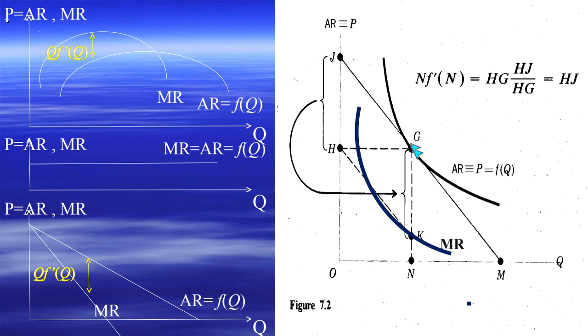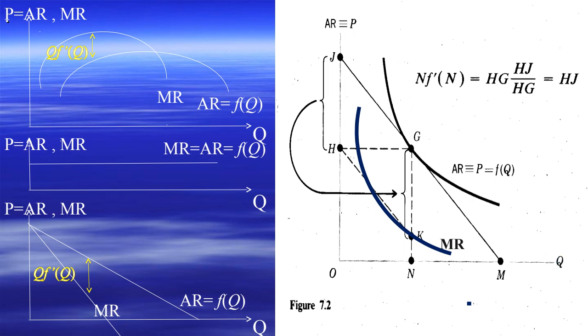When marginal revenue is less than the average revenue, which is always here in this picture, you see this blue line is marginal revenue, this black line is average revenue. Marginal is always less than the average, so the average revenue is decreasing all over its domain of definition.